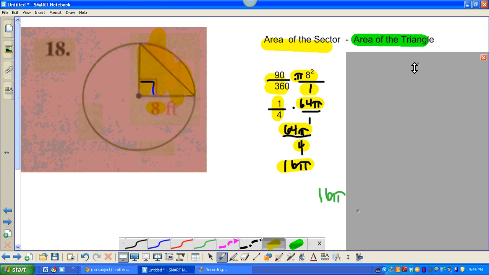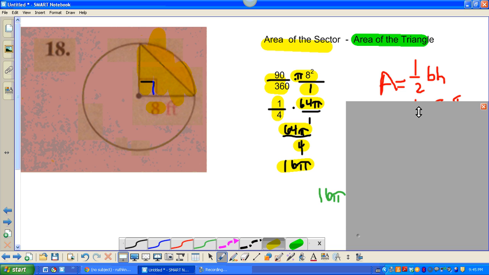What I have to do next is subtract off the area of the triangle. Well, the area of the triangle is 1/2 base times height. And because this is a right triangle, this is my base, which is 8. And this is my height, and that is also 8 because it is a radius.